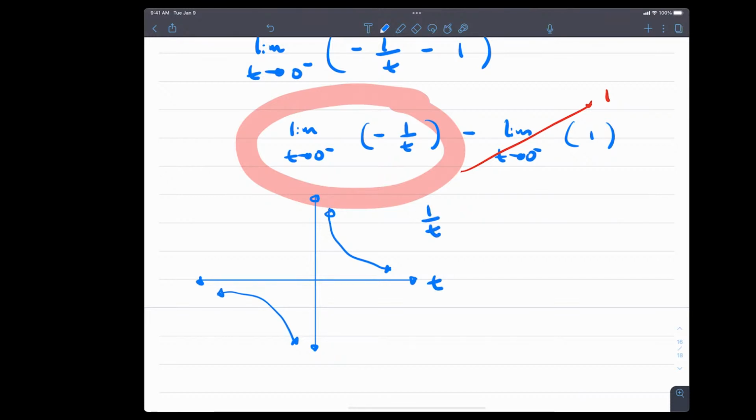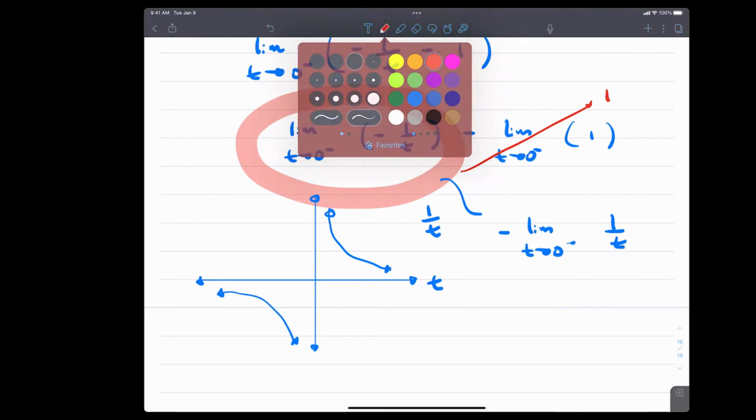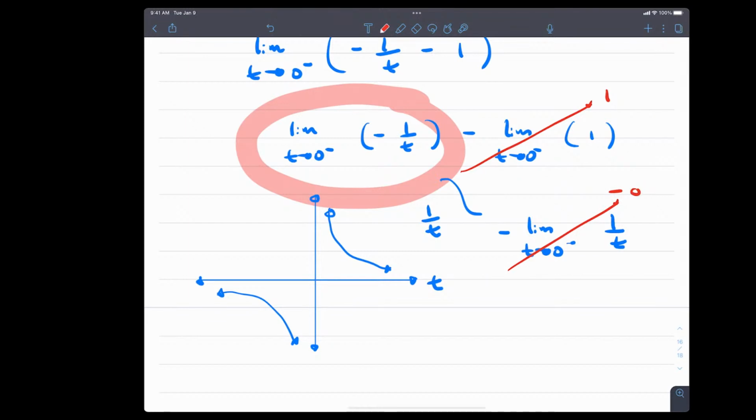This is 1 over t. So to really look at the details here, this is minus the limit as t goes to 0 from the left of 1 over t. And this portion goes to what? Minus infinity. But this is minus a minus. The point I'm making is that's infinity. Okay, you guys okay with that one?